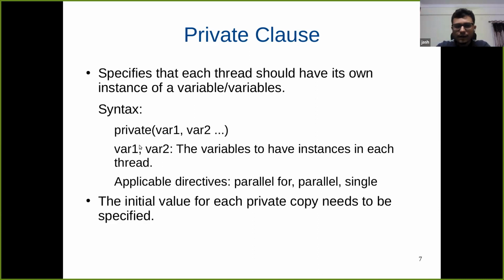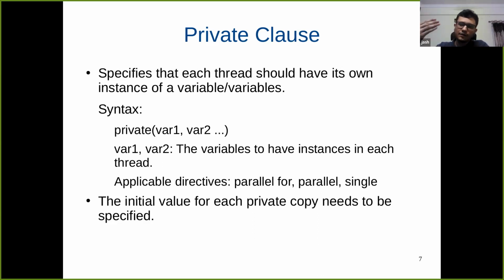Those variables will be private for each thread in the upcoming parallel region or parallel for. The applicable directives are parallel, for, and single. We'll see what single is, don't worry. And an initial value for each private copy needs to be specified.